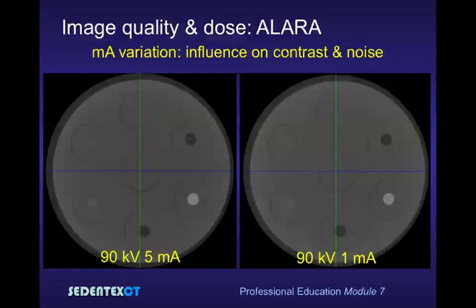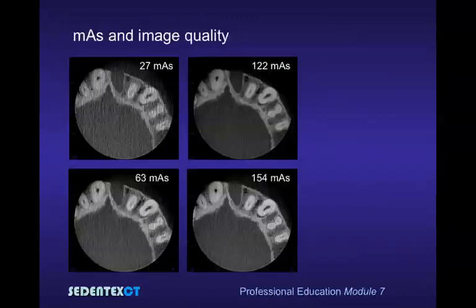By the time we get to 1 MA, that's 1/5 of the exposure of the image on the left, you can indeed see a significant granularity of the image, a noisy image. Once again, however, this illustrates how in clinical practice perhaps we could get away with a much lower exposure while still maintaining adequate quality.